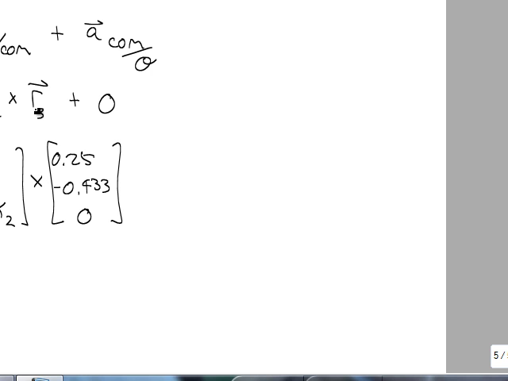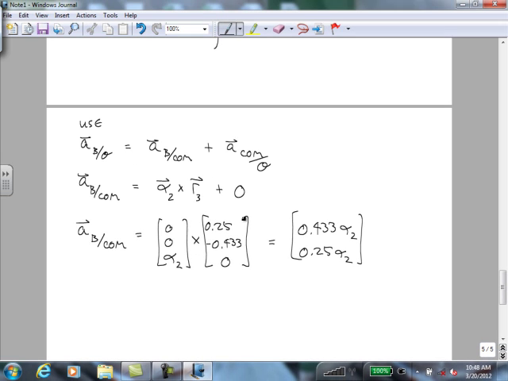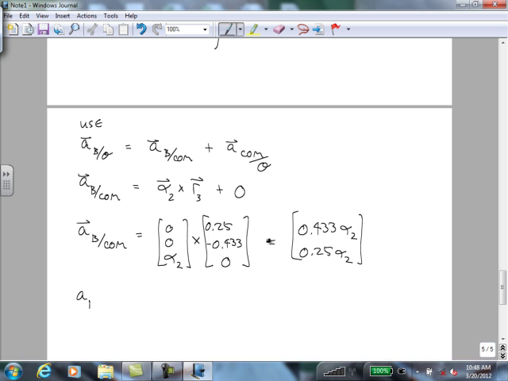So you get 0.433 alpha 2, 0.25 alpha 2. Then the acceleration of B relative to the origin is equal to 0.433 alpha 2, 0.25 alpha 2 plus ACOM x and y.